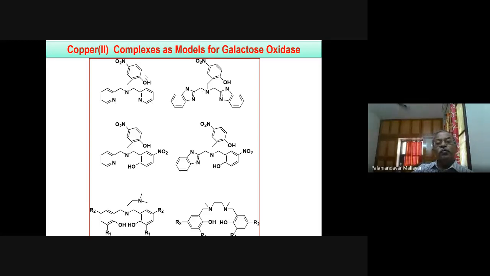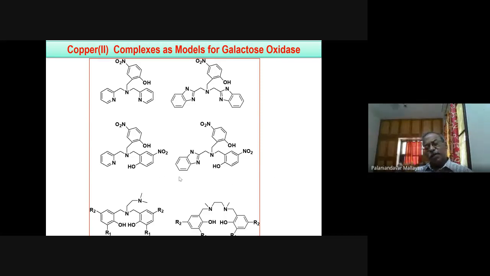So we can try to change these donor sites, see, pyridine by imidazole, by different types of compounds like this, substituents like this. We also made compounds of this type, two moieties with these two hydroxyl groups. So we made very novel ligands.